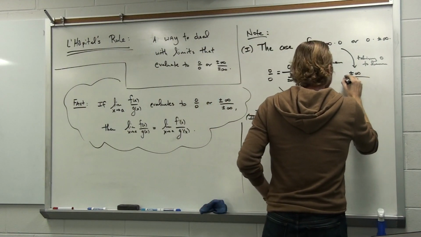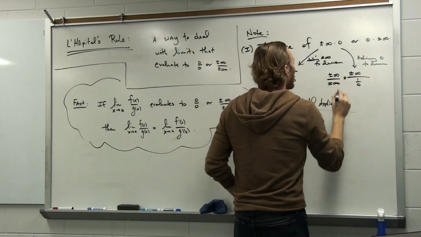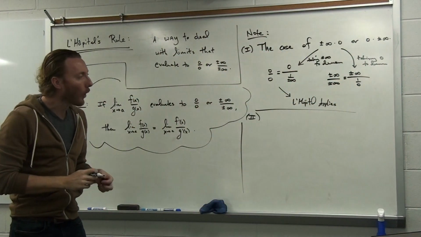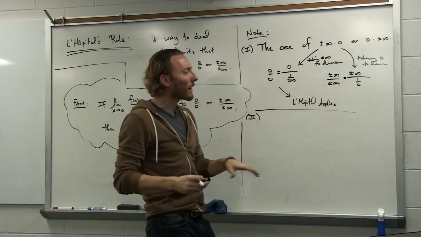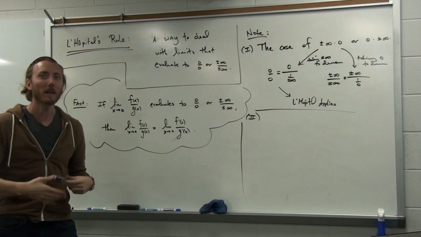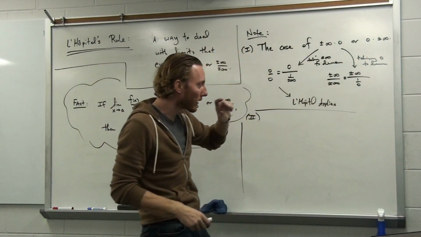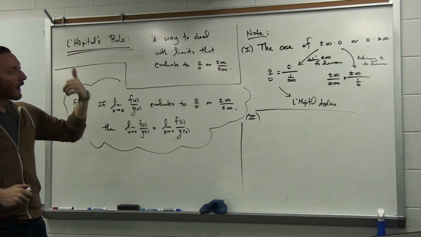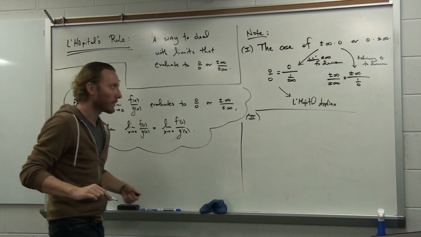And so this could be rewritten as a plus or minus infinity over a plus or minus infinity, because 1 over 0 is in effect an infinitely large thing. Whether it's positive infinity or negative infinity would take inspection, but that's actually not important when it comes to L'Hopital's rule. The fact that you are infinite at all and in the denominator under something that is infinite in the numerator means that L'Hopital's rule applies.